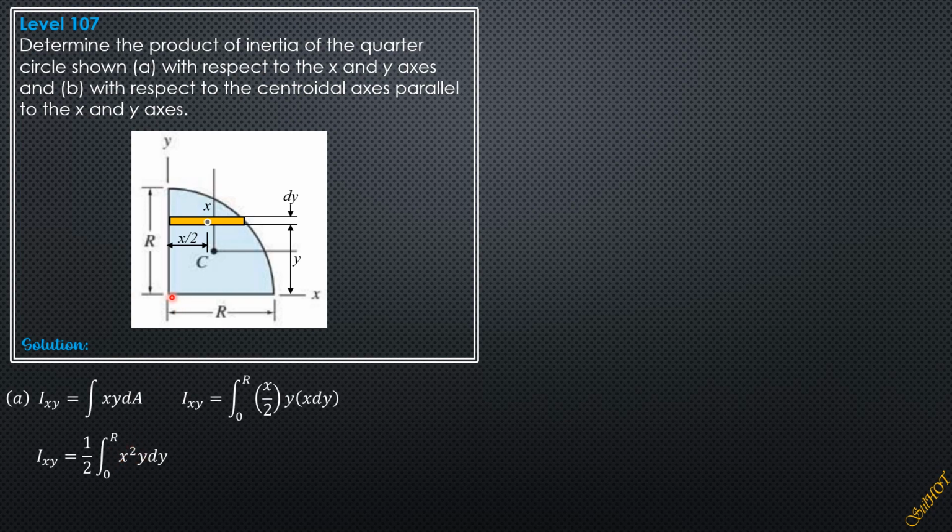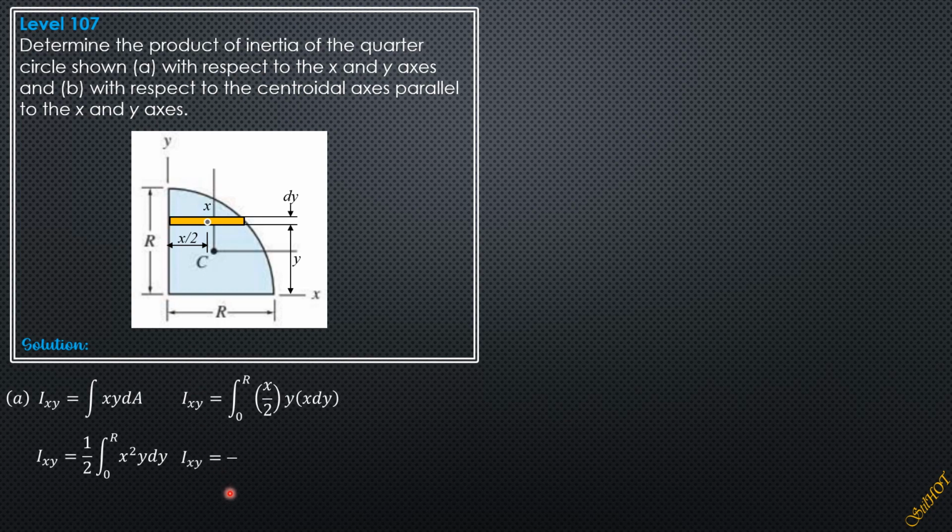Now from the equation of circle with center at the origin, x squared plus y squared equals r squared, or the other way is by Pythagoras theorem. Imagine we have here x, we have here y, the dimensions of the right triangle, and the hypotenuse is the radius of the circle. So x, that is y, and that is r. Therefore, x squared plus y squared equals r squared, or simply x squared equals r squared, hypotenuse squared, minus y squared.